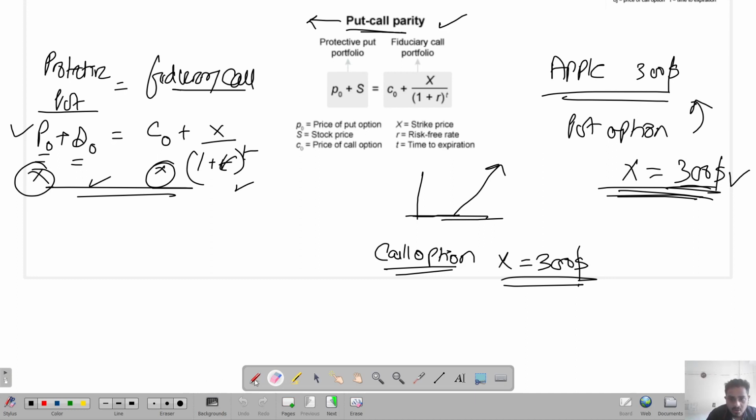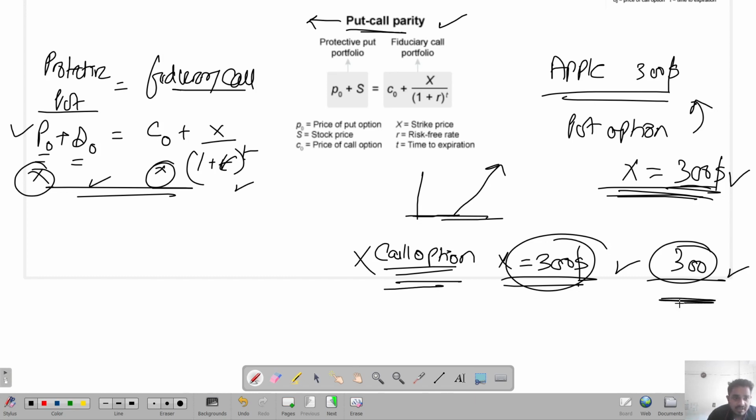Also, the same investor, along with buying a call option, has also bought a zero coupon bond, which has a risk-free rate, for the same strike, that is 300. That is the face value of the zero coupon bond. So even if Apple falls by 300, the investor is not going to make money on the call option, but he will still get the 300 on maturity.